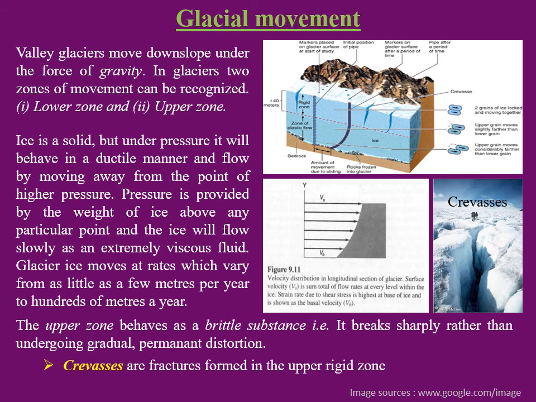Now, as I already told you, a glacier is not a static body. The glacial ice mass is always moving downslope under the action of gravity. If you look at a glacial ice mass, we can distinguish two zones, the lower zone and the upper zone. Ice in the lower zone constantly suffers an overburden pressure.